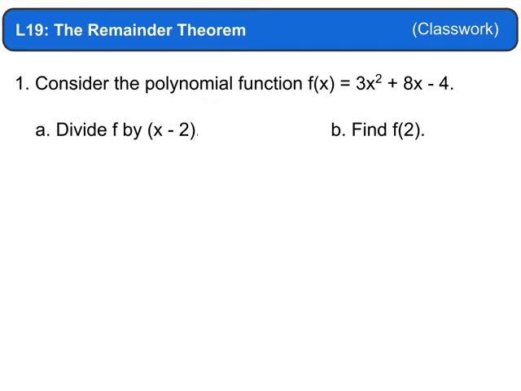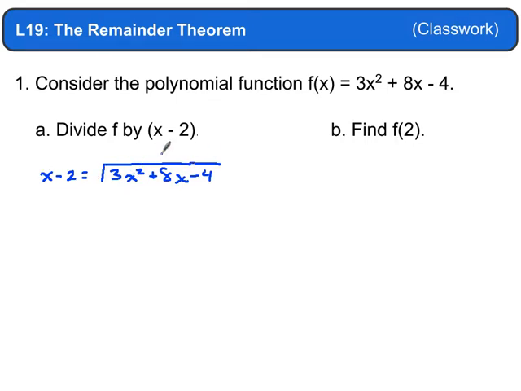For simplicity's sake, I'm just going to do long division as opposed to both. So we'll write x minus 2 and divide that into 3x squared plus 8x minus 4.